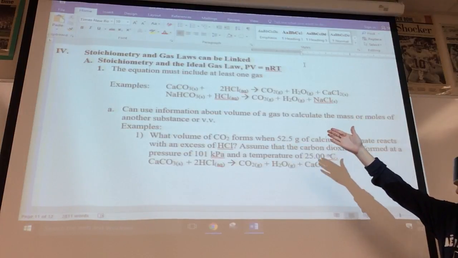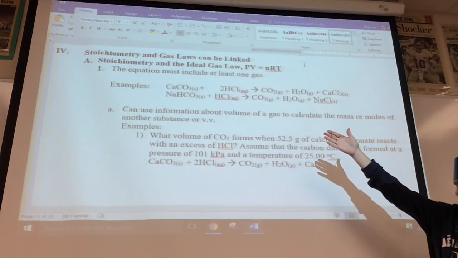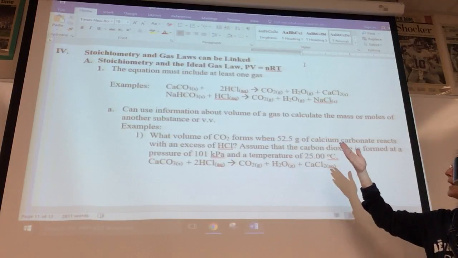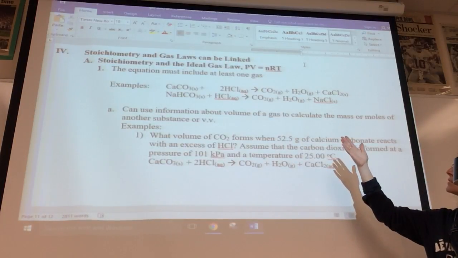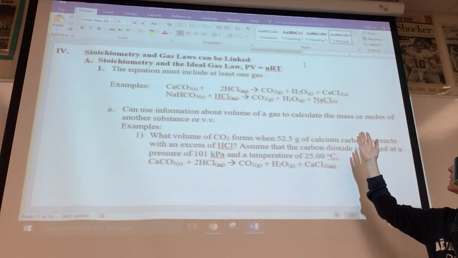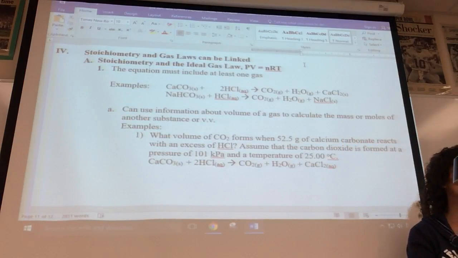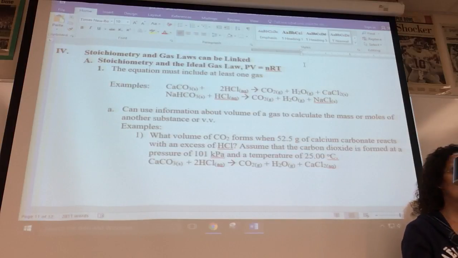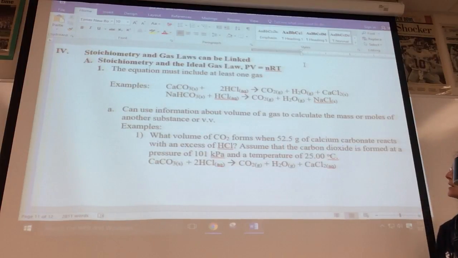In fact, it's shown here, where you had sodium bicarbonate, which is baking soda, that's what you used. You reacted it with hydrochloric acid to generate carbon dioxide, water, and sodium chloride. And the CO2 and the water went up into the environment, Neverland. So these equations are going to work in regard to ideal gas law and stoichiometry because you have at least one gas in those equations.